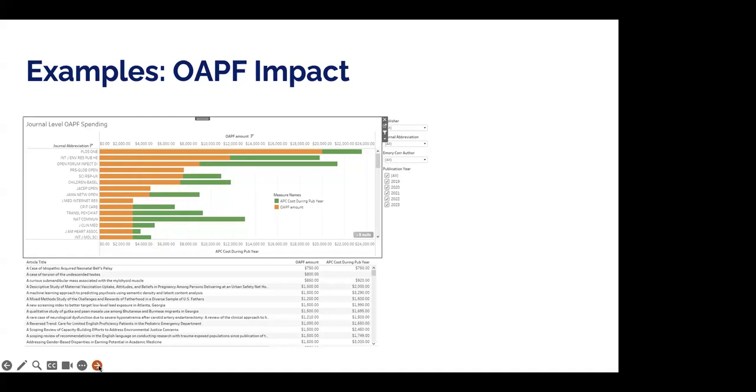At the bottom, you see a similar table, right, with the APC cost at the article level on the far right, but then you also see the amount that the OAPF has contributed for a given article in that same table. All right, next slide.